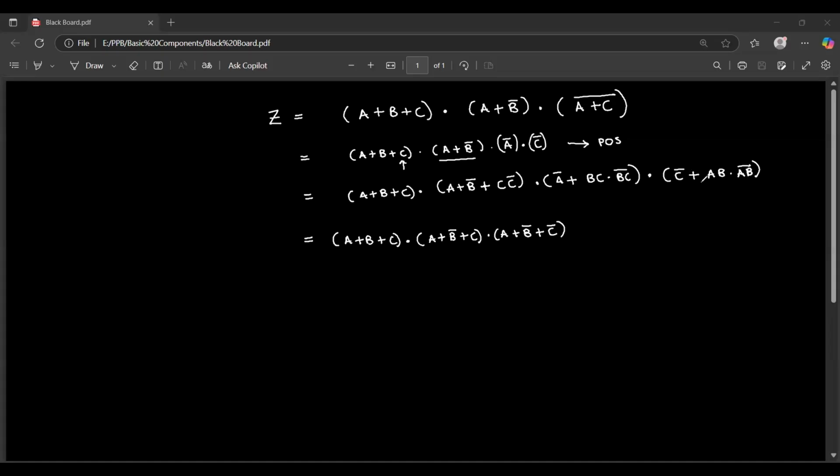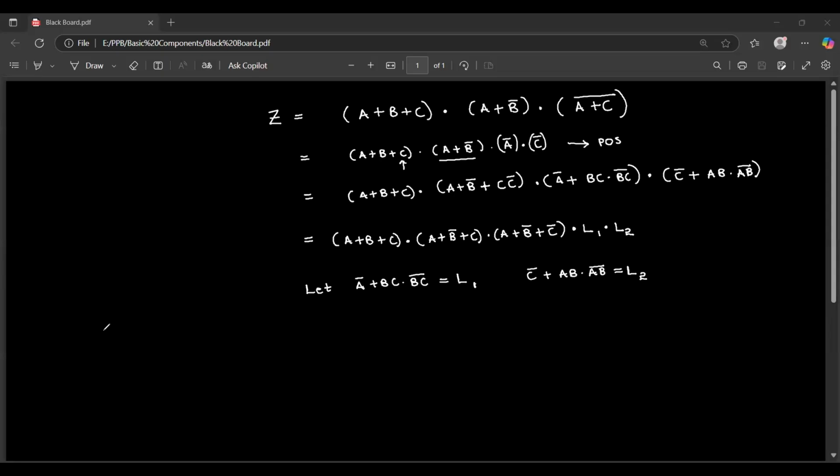Now I'm going to do this differently. I'm going to say let A bar plus BC dot BC whole thing bar equal logic 1, and C bar plus AB dot AB whole thing bar equal logic 2. So this will be dot L1 dot L2.